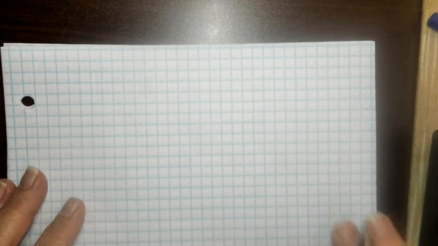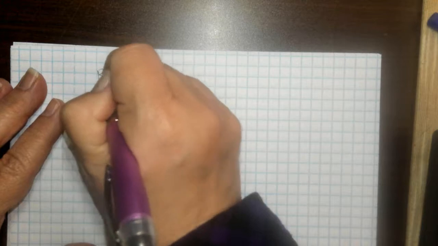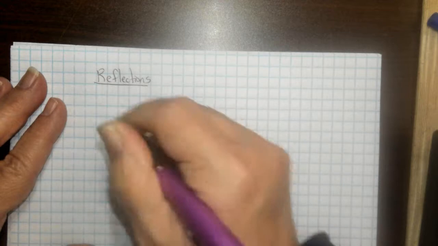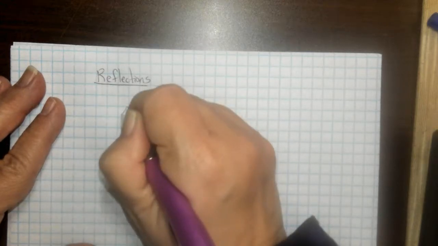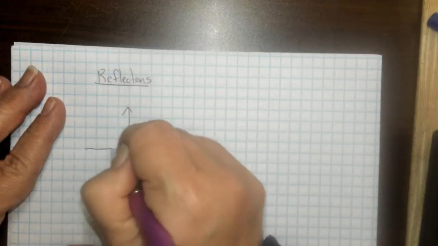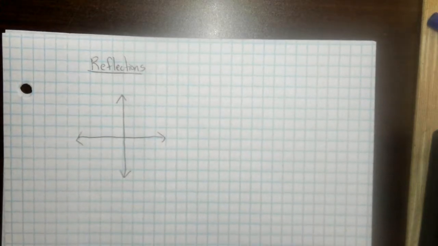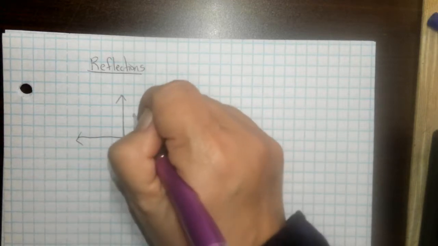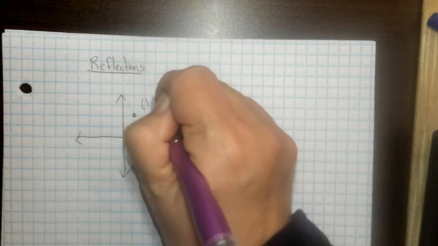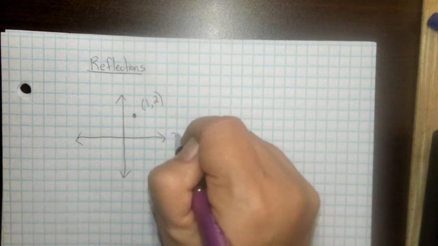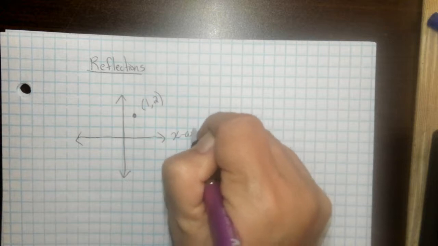Alright, we're going to do reflections pretty quickly. Alright, for my reflection, I'm not even going to look at an entire function. I'm just going to look at a point. Here's the point 1, 2. Alright, what if I'm going to reflect over the x-axis?